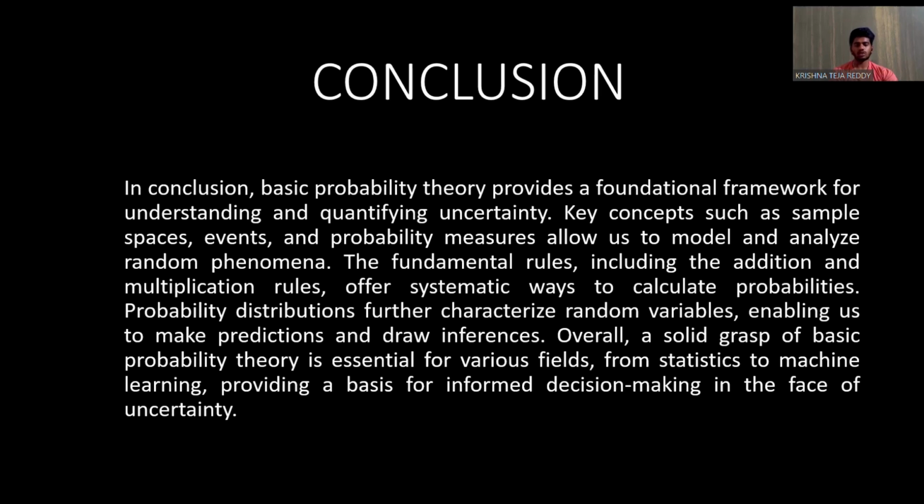Probability distributions further characterize random variables, enabling us to make predictions and draw inferences. Overall, a solid grasp of basic probability theory is essential for various fields from statistics to machine learning, providing a basis for informed decision making in the face of uncertainty.